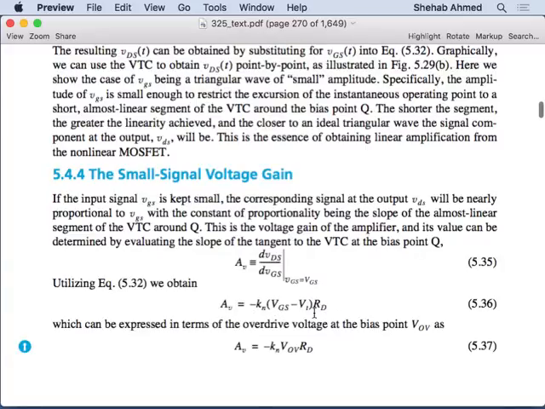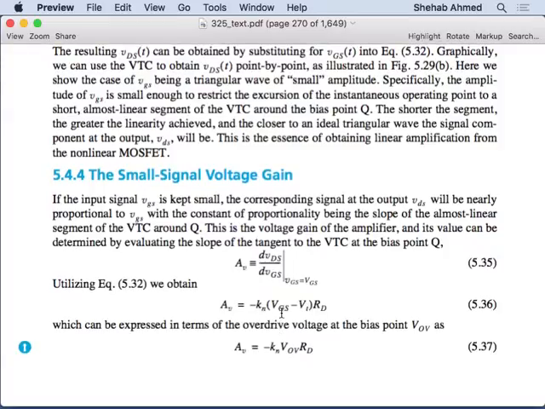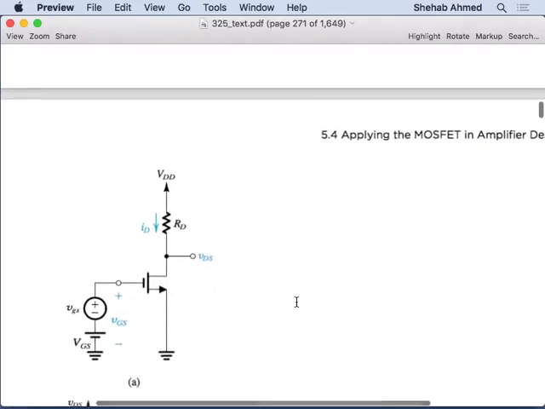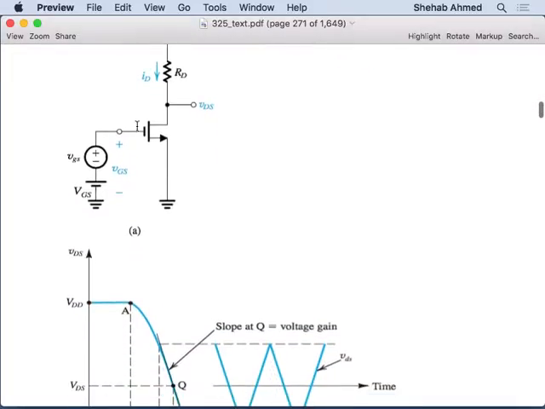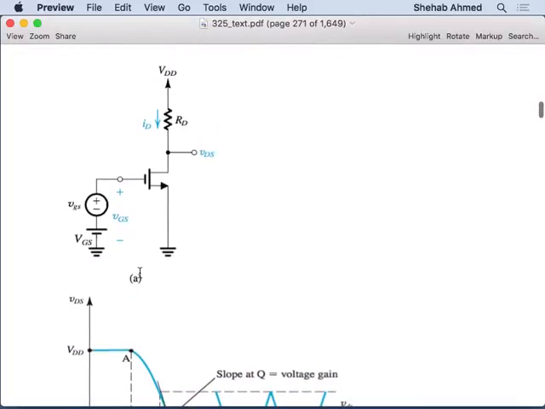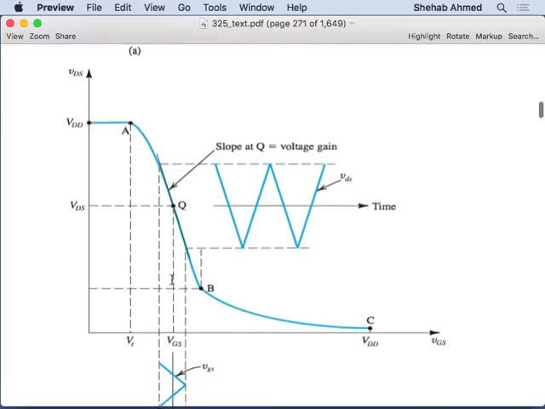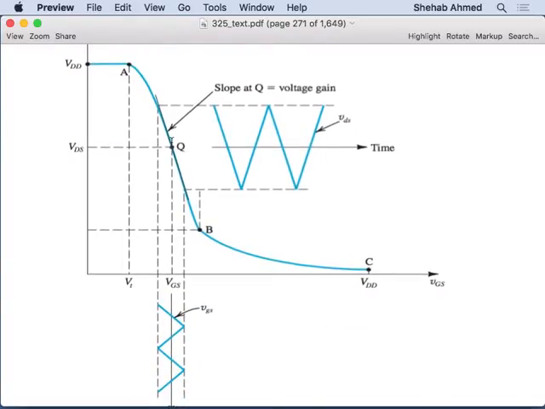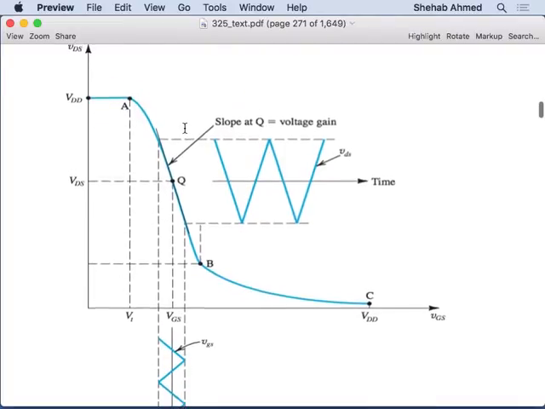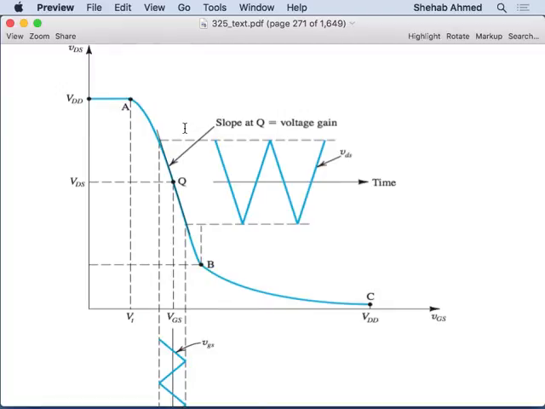Then you substitute your VGS, your RD, and your VT, and that's your gain for your small signal. And that's the exercise that we went through. I went through this graphically, and we located this operating point here. We said that if we bring Q up, I will be cut off because I cannot get a voltage at the output greater than my supply voltage.